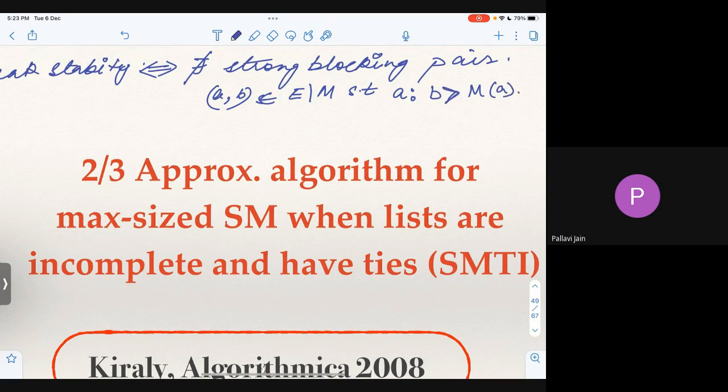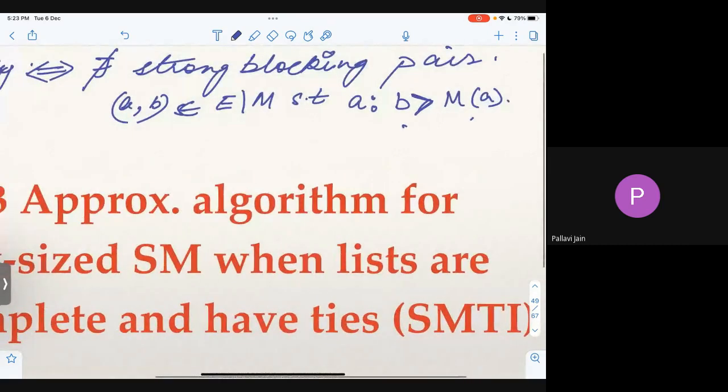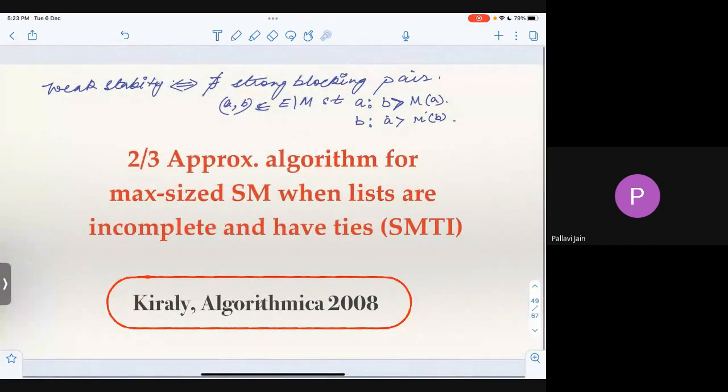So it's not that A is indifferent between B and its M partner. A happens to strictly prefer B over its M partner. And B also returns the favor. So this is a notion of a strong block. This is really difficult, a matching simply cannot have this. So that's why it's called a strong blocking pair. If you don't have a strong blocking pair, you have weak stability. There are notions of lesser, more relaxed blocking pairs and correspondingly stronger and stronger notions of stability. Okay. So now we'll be talking about weak stability only.